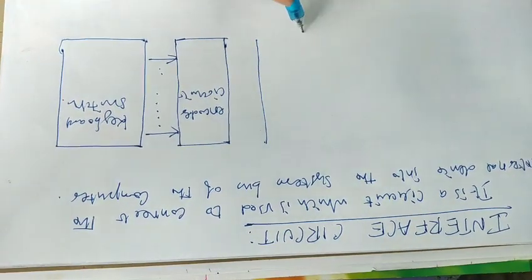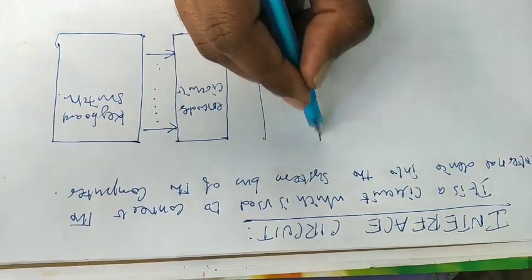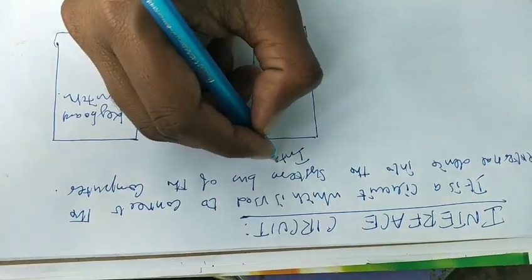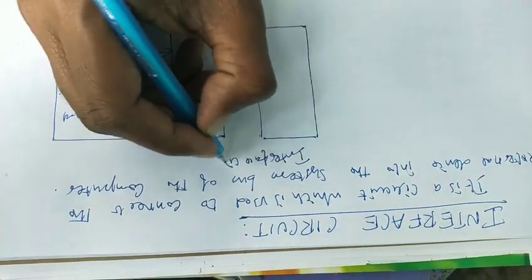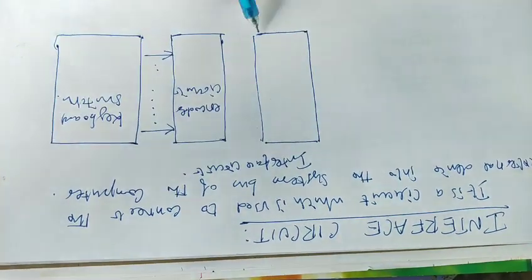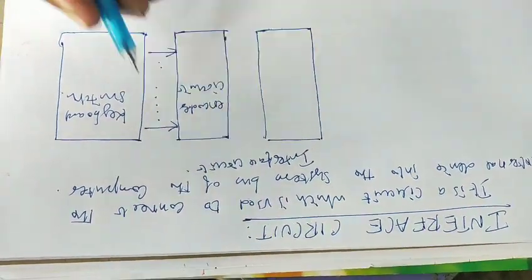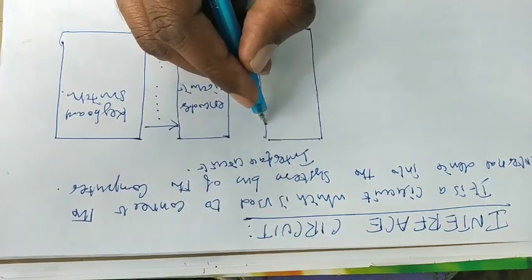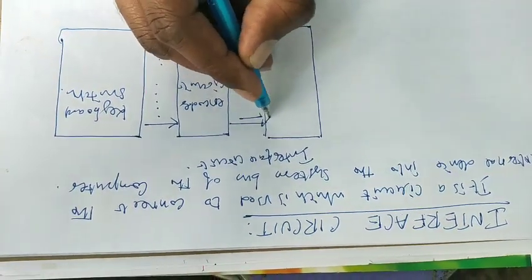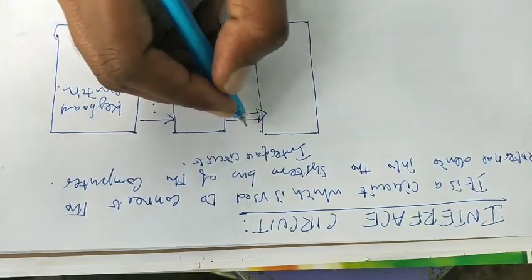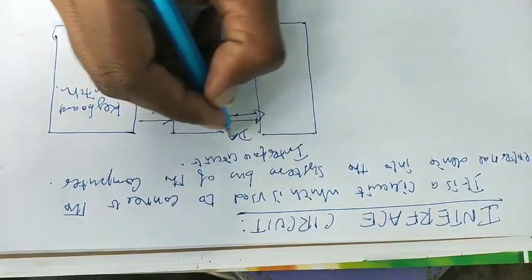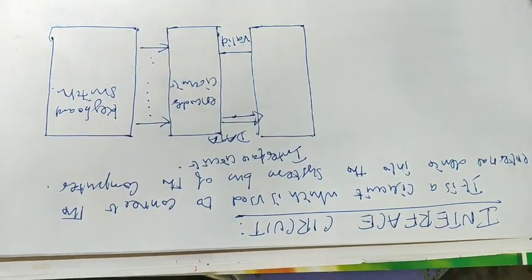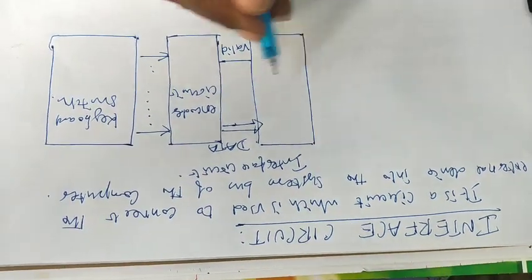And the next component is our interface circuit. The encoder circuit is connected with the interface circuit with only 2 lines. This is the data line, and this line is the valid line. And we will see one by one the use of each.